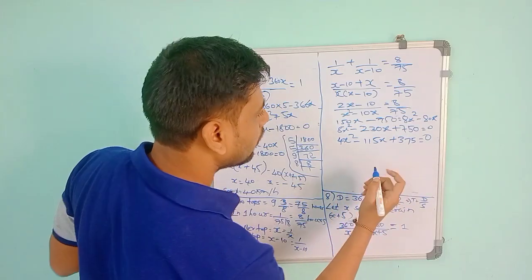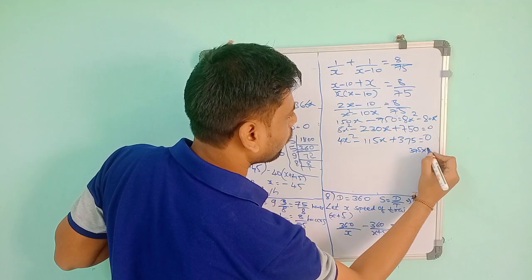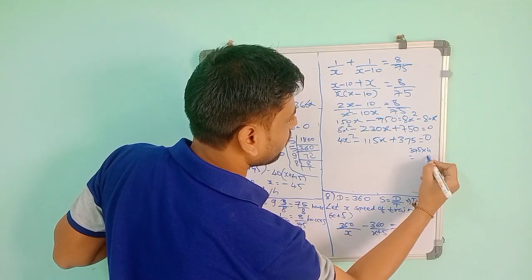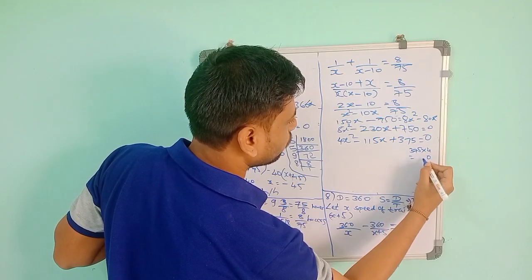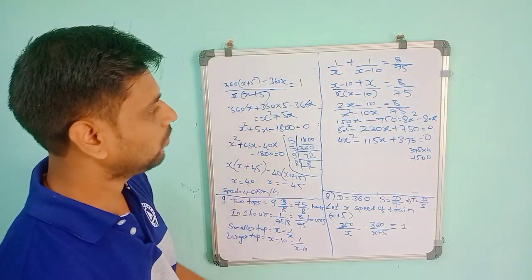Then we take the roots. Multiply 375 into 4: 4 fives are 20, 2 carry, 4 sixes are 24 plus 2 is 26, 4 threes are 12, so the total is 1500.